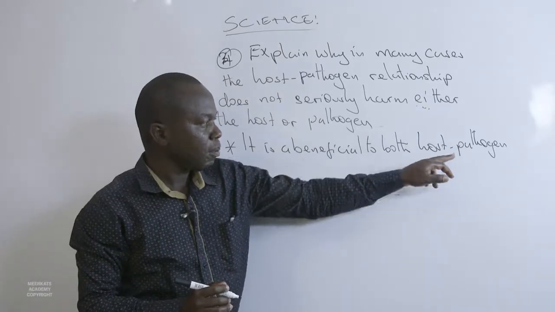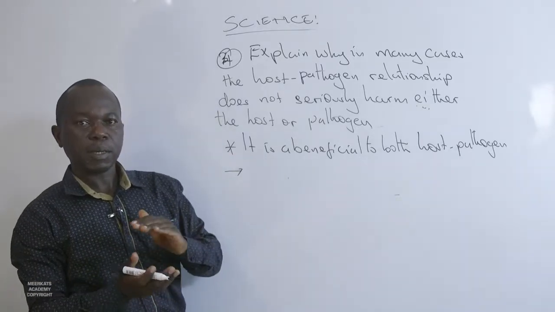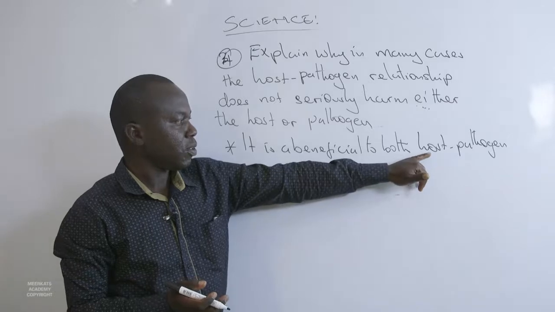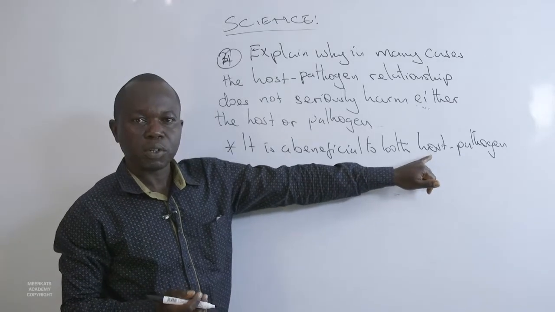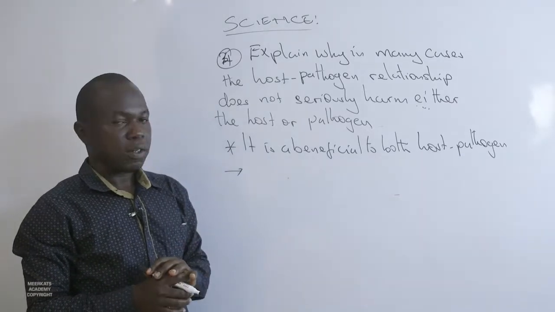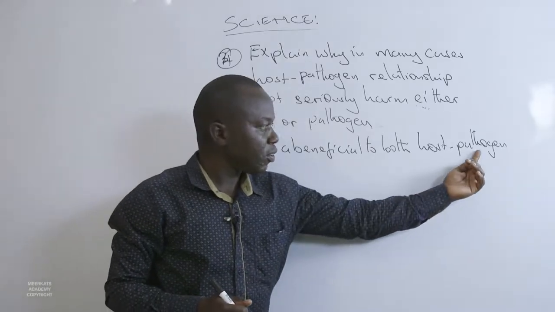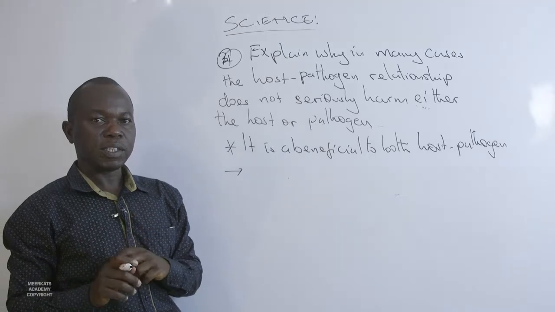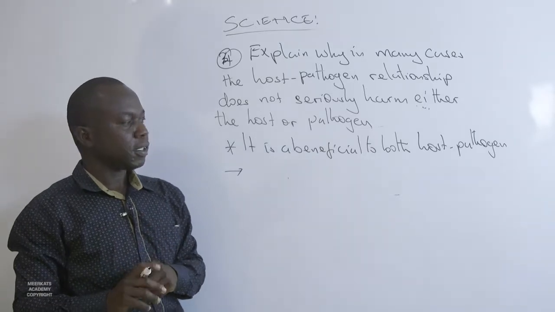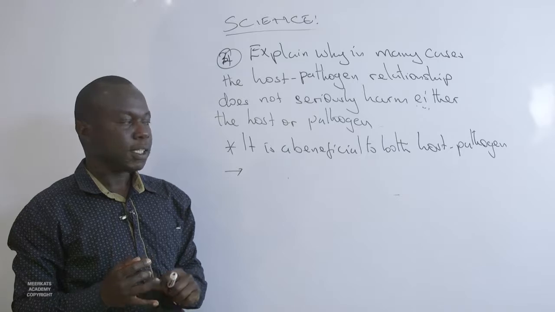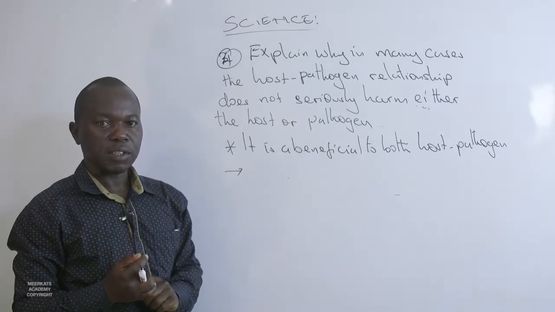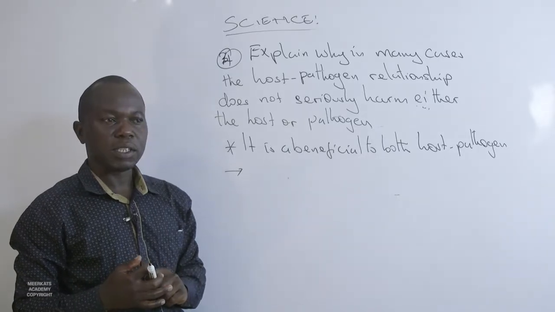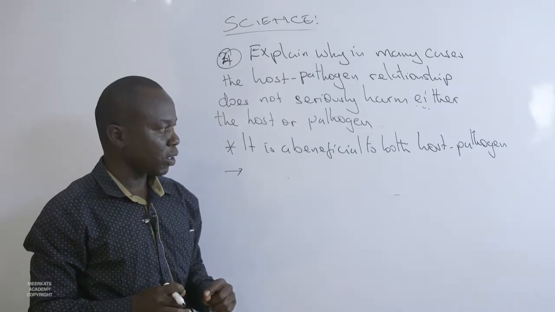Now, the pathogen can only benefit from this relationship if there's a balance, so that the pathogen does not cause the death of the host. Remember, the pathogen here is obtaining some benefit from the host. If it is a bacteria in your body, it is getting shelter, it is getting nutrients from you, and it is also getting a site for reproduction.